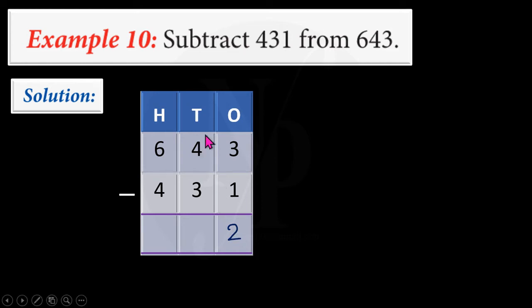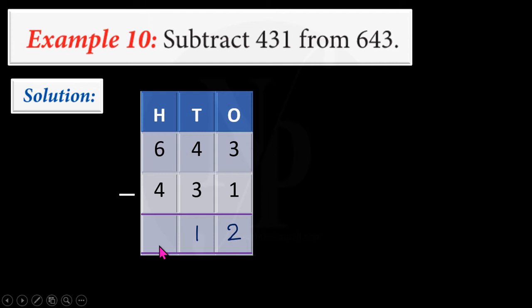Coming to tens column, here we should subtract 3 from 4. So when we subtract 3 from 4, we get 1, which is 10. Here we are subtracting 3 tens from 4 tens. So we get 10. Coming to hundreds column, here we subtract 4 hundreds from 6 hundreds, and we get 2 hundreds as a difference.